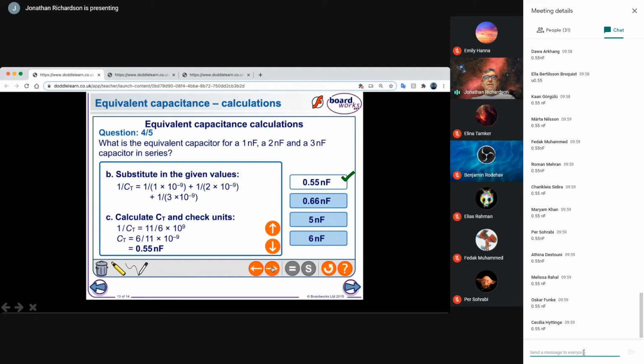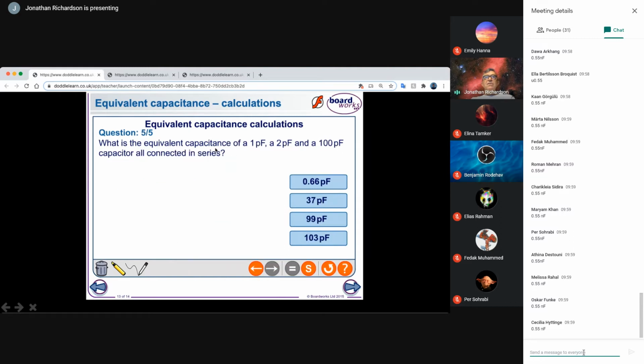Right, now just to make things interesting, let's throw in a curveball. We've got now 3 capacitors of different magnitudes, the equivalent now of these 3 connected in series.